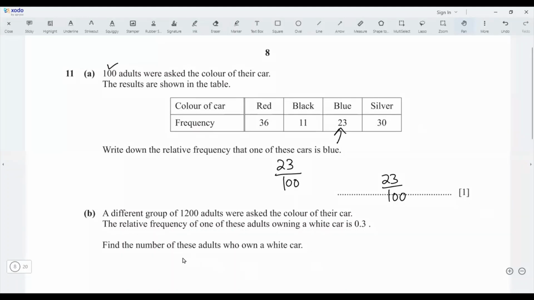So how to find the number of adults who own a white car? We have to simply multiply the relative frequency with the frequency of the white car. So by looking ahead, what is the frequency of the white car here?